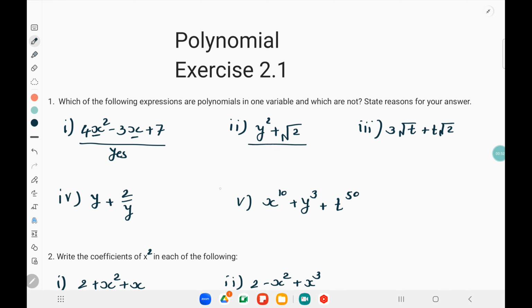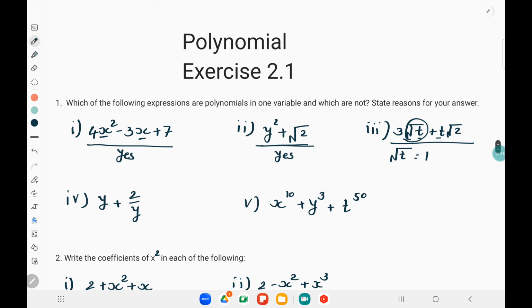Okay, here x square plus root 2. Yes, this is also one variable because in this polynomial we have only the y variable. Look over here. In this polynomial we use only t, but look at this: what does root t mean? Root t means if we change it into power form, we write t to the power of half, and half is not a whole number.